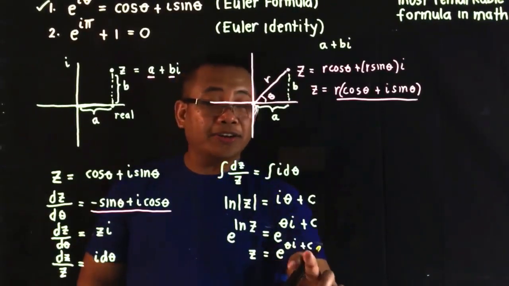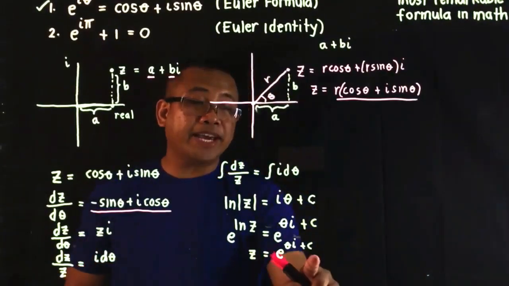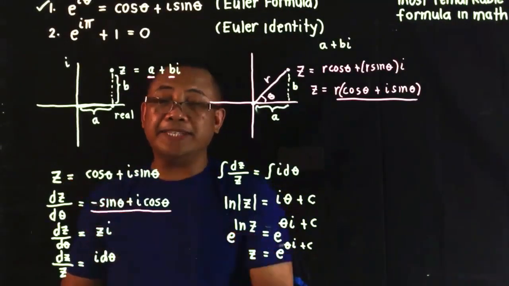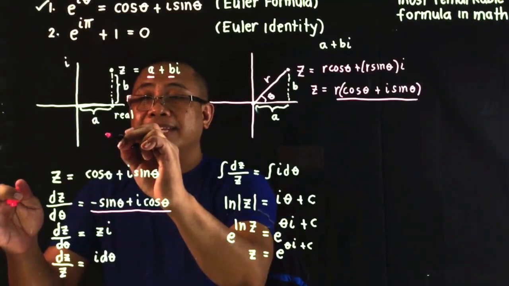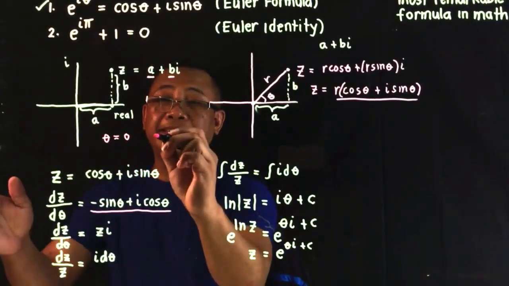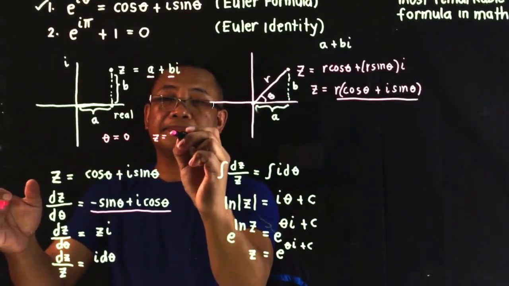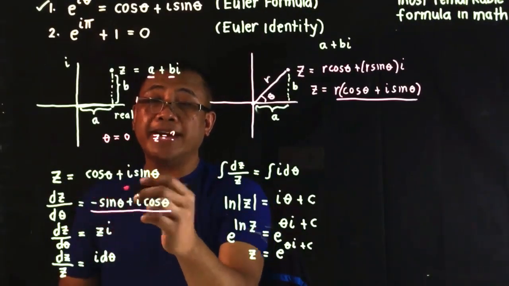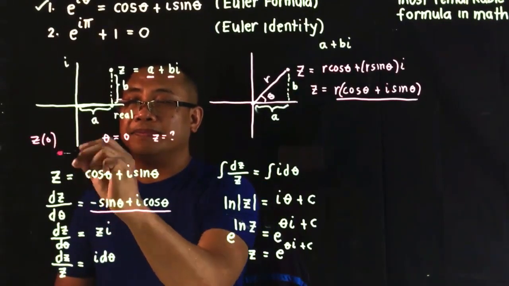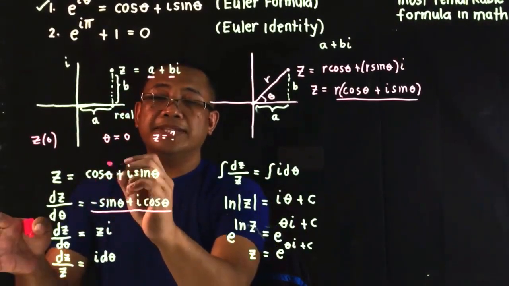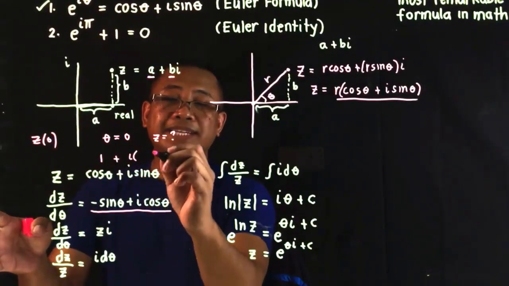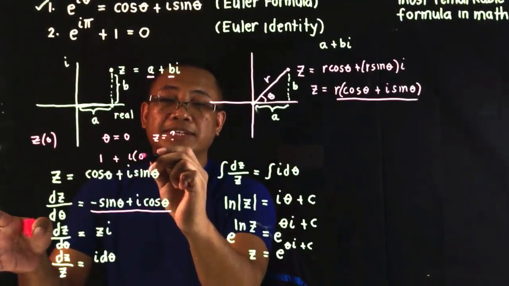Now, we do not know the value of c, but we can assign some initial values for our definition here of z. If we let theta be equal to 0, what is the value of z? In other words, we want to find the value of c sub 0. So cosine of 0 is equal to 1, and i sine of 0 is equal to i times sine of 0, which is equal to 0.